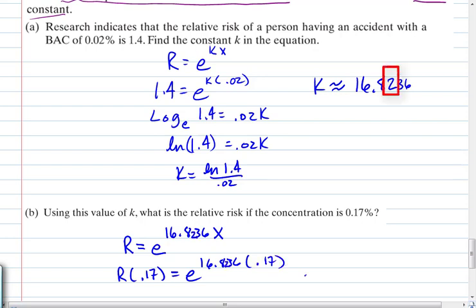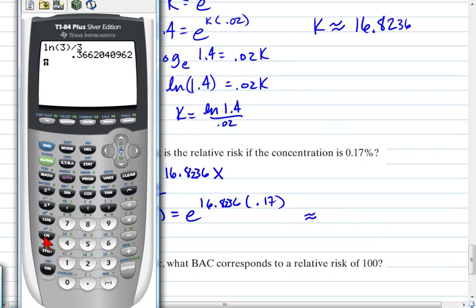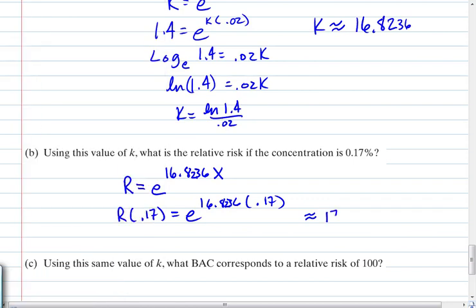And what do you get then for your risk? Second ln, e raised to the 16.8236 times 0.17 is 17.46. So you're 17 times or 17.5 times more likely to be involved in an accident if your blood alcohol is 0.17.